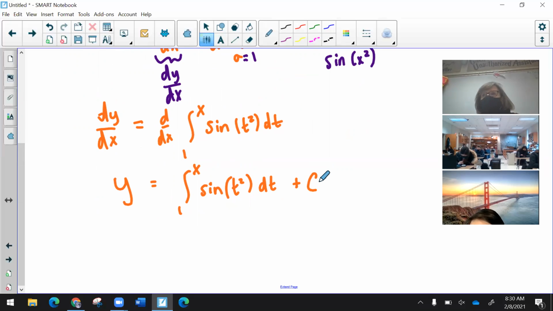Because again, when I take the derivative, if there's a constant, it goes away, so I don't know what it is. It's ugly. The answer has an integral in it, but that's okay. Sometimes that's just the way it works out, and that's why we're doing this example.